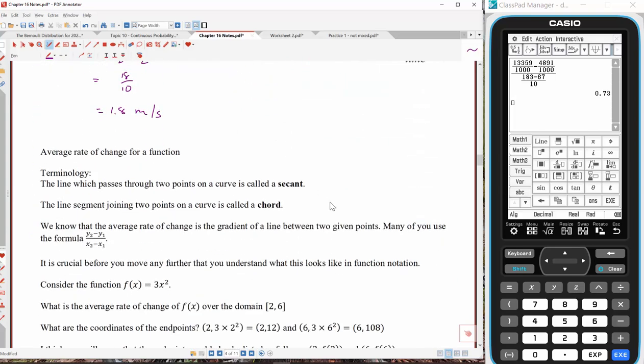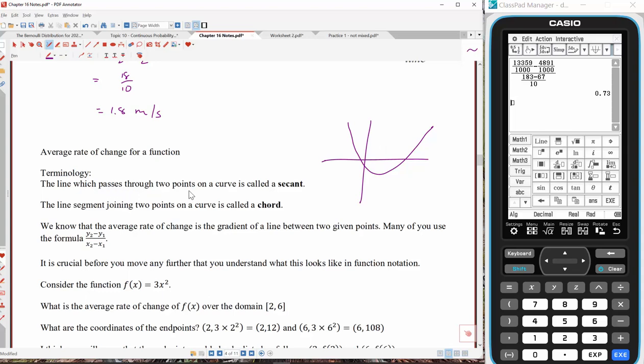The average rate of a function, there's a little bit of terminology you need to be comfortable with here. The line which passes through 2 points on a curve is called the secant. Let's see if we can draw one up so that we can understand what this means. So there's a parabola or something resembling a parabola. Believe it or not, there's functions that look like this.